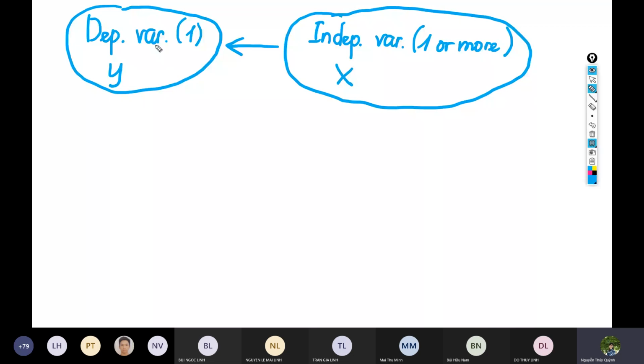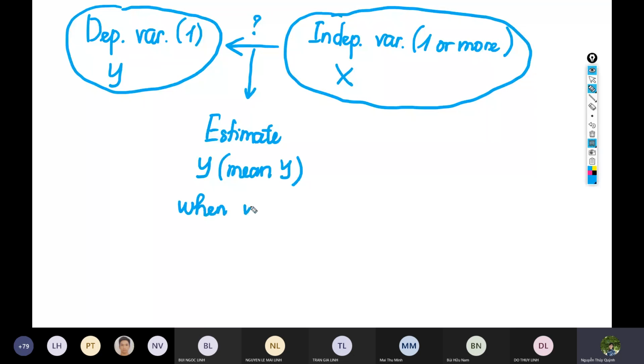And what is the purpose of that? We want to estimate the value of y, or the conditional expected value of y, when we know the value of x. That is regression analysis.